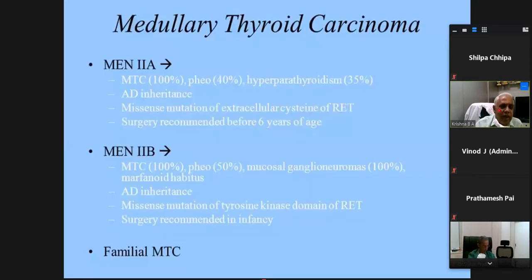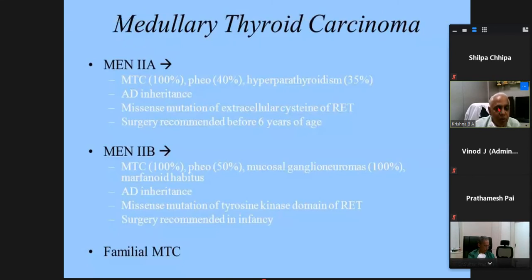In MEN2A, MTC 100%, pheo is 40, and para is about 35%. Surgery is recommended before 6 years of age in MEN2A patients.